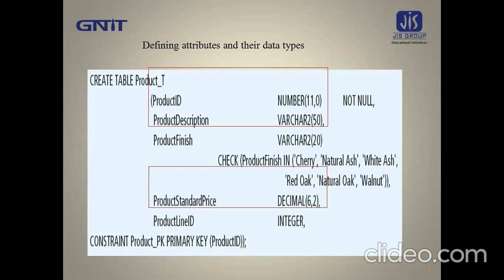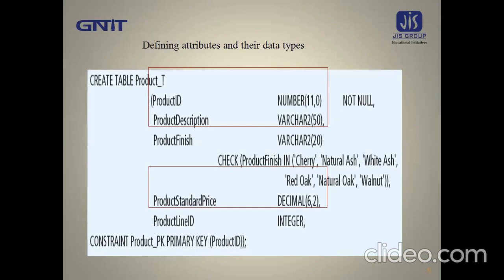For product finish, we are writing a constraint, that is check: product finish in cherry, natural ash, white ash, red oak, natural oak, and walnut. Product finish should have any one of these 6 items.